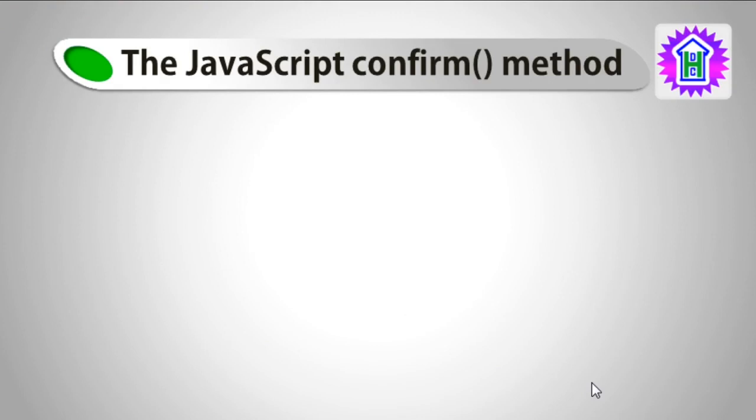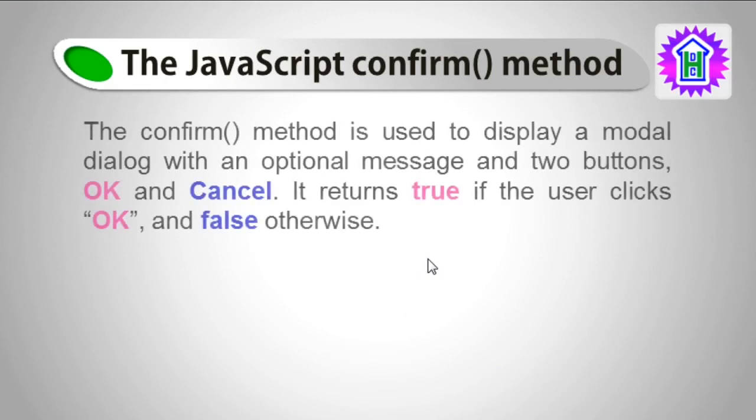The next method is the JavaScript confirm method. The confirm method is used to display a modal dialog box with an optional message and two buttons, OK and cancel. It returns true if the user clicks on OK and false otherwise.